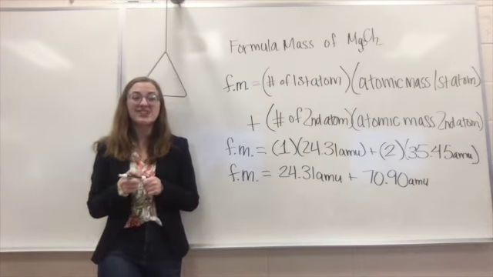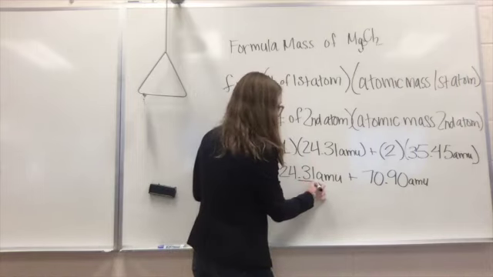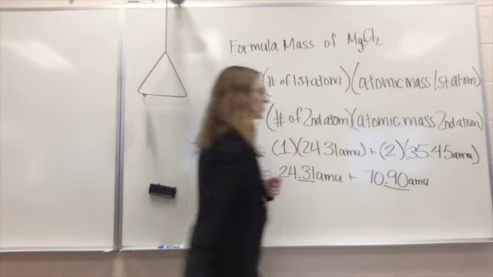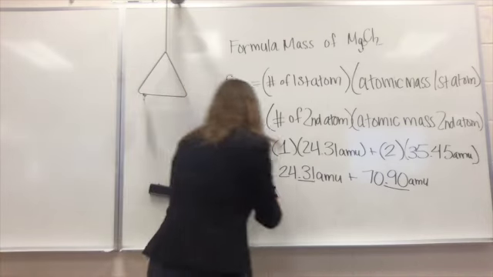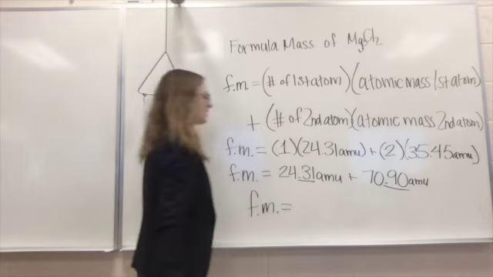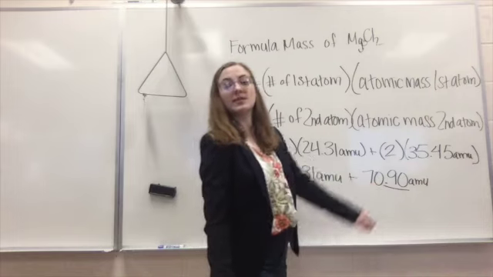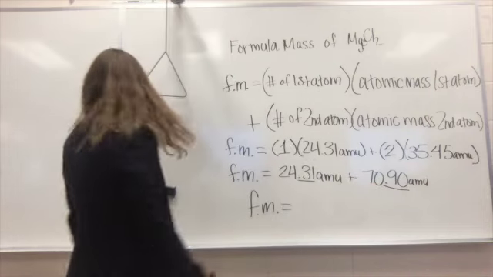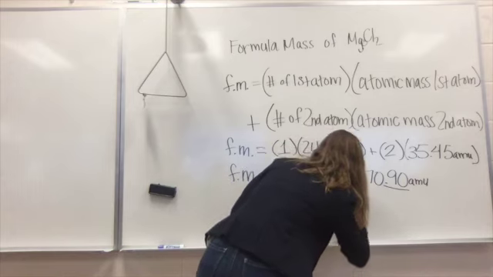So when I add 2 numbers together, remember we just count the number of decimal places. So each of these has 2 decimal places. So I'm just going to be sure to round my answer to 2 decimal places. So therefore, my formula mass of magnesium chloride is going to be 24.31 AMU plus 70.90 AMU, which gives us 95.21 AMU.